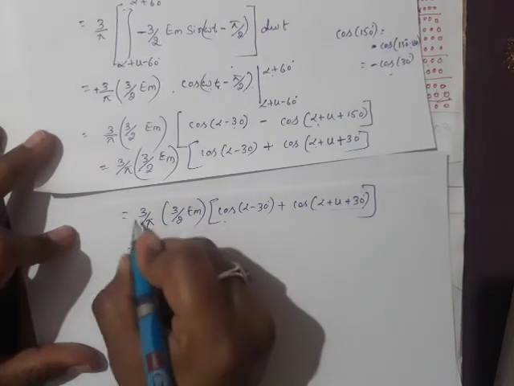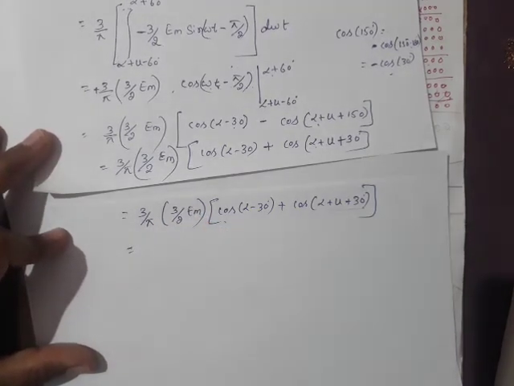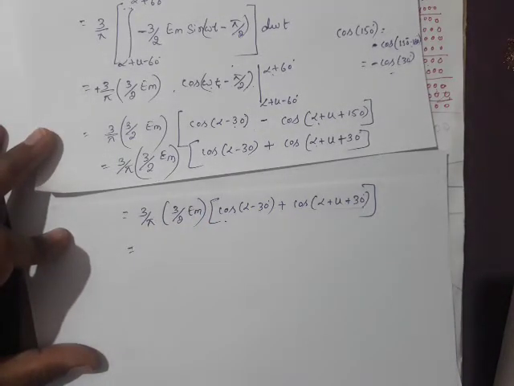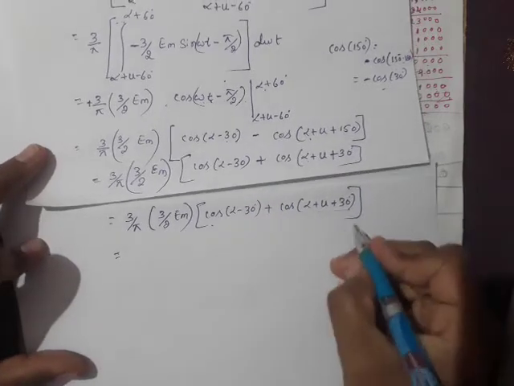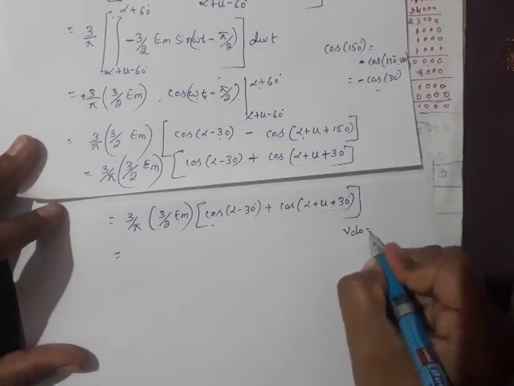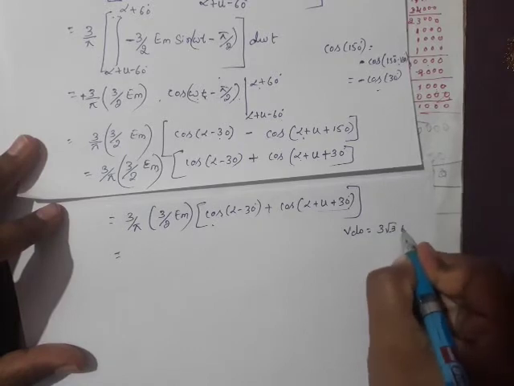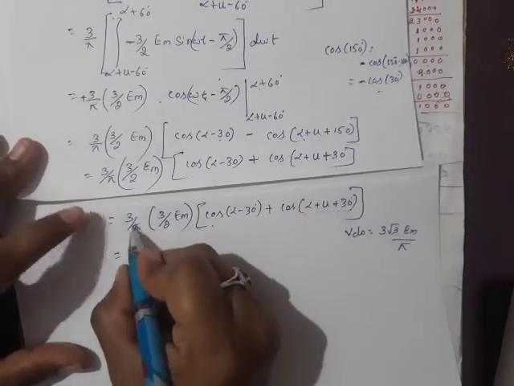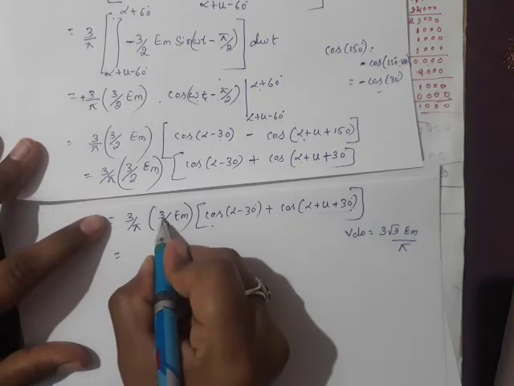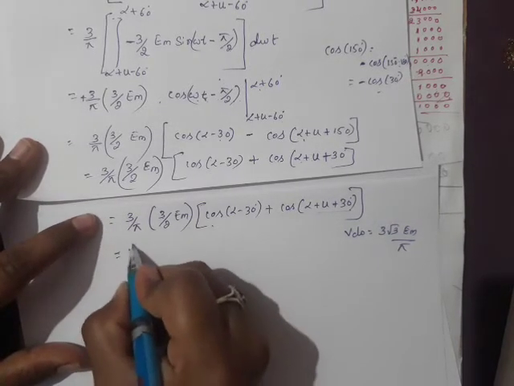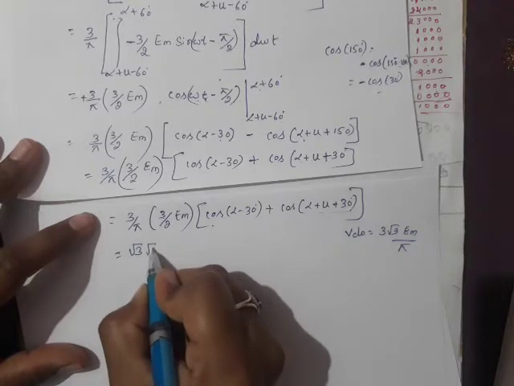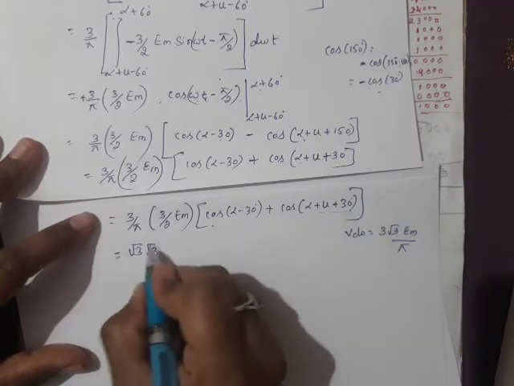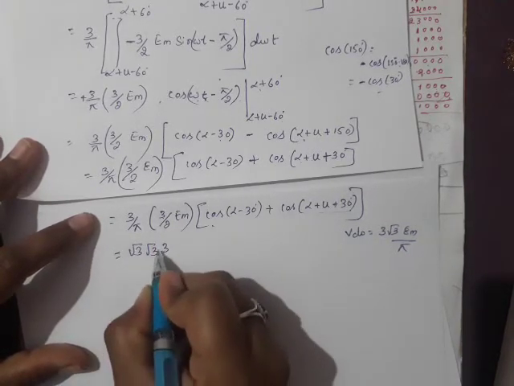Now I need to express this in terms of VDO because VDO is the standard magnitude we have taken. So what is VDO? VDO is given by 3 root 3 Em by pi. This is VDO, right? Here what we are getting, we have 3 by pi and we have one more 3. What I will do now, this 3 I will expand as root 3 into root 3, and this 3 I will keep as it is.